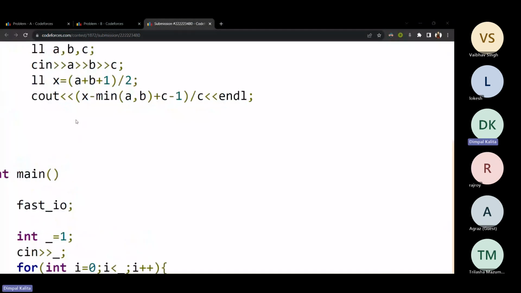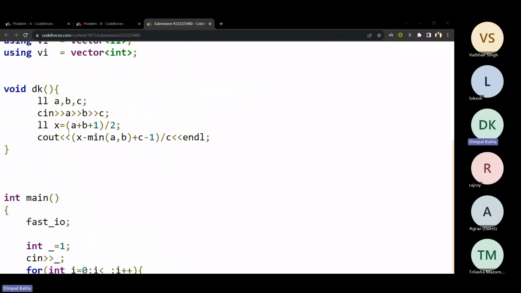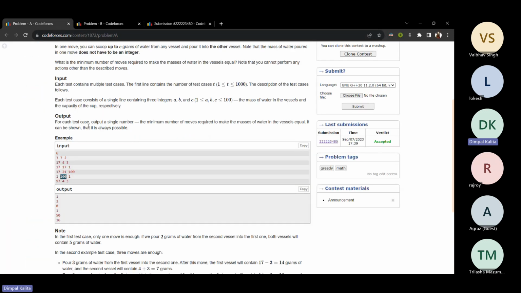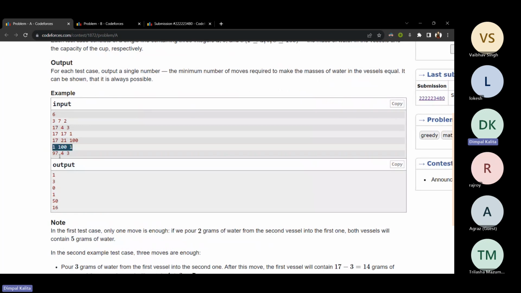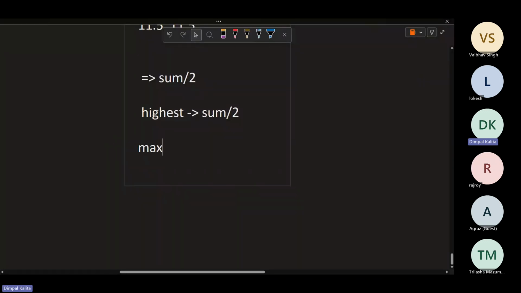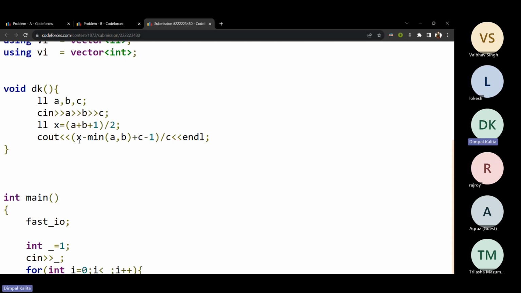What I have done is calculate the average, taking the ceil value because I did not want to deal with long doubles and floating point values. Then I subtracted the minimum from both values so that the difference remains. This can be reduced to max of a, b minus min of a, b, or simply absolute of a minus b. It can be simplified to this. I just overcomplicated it a bit.